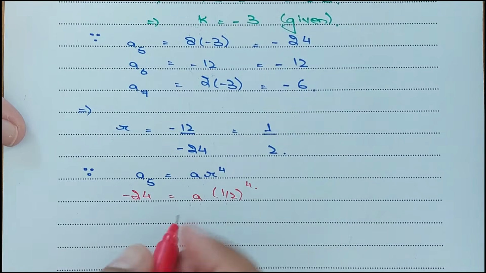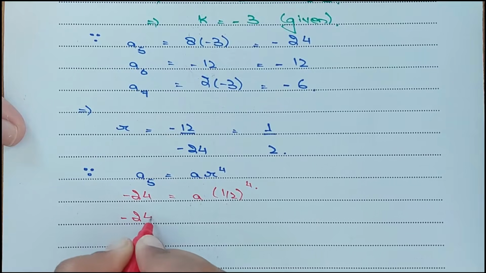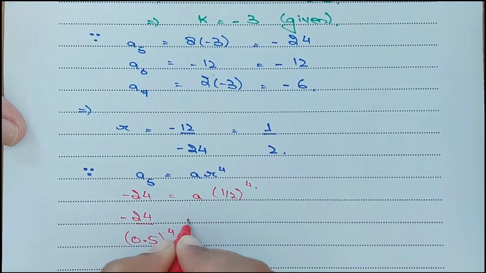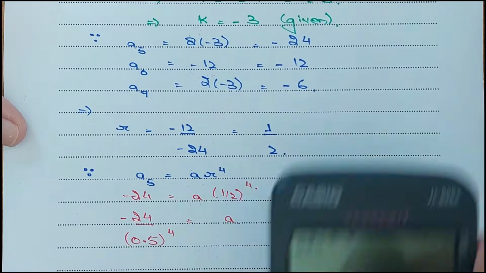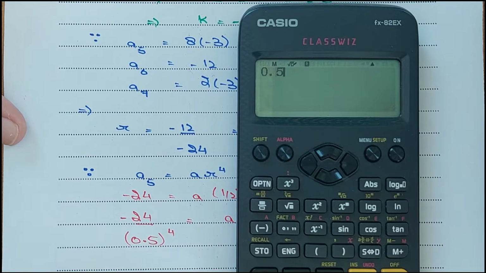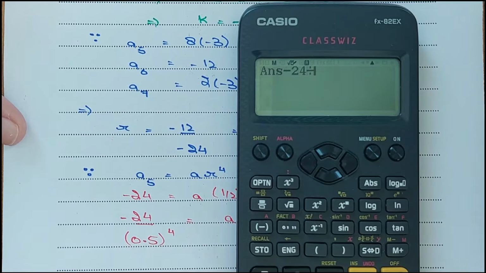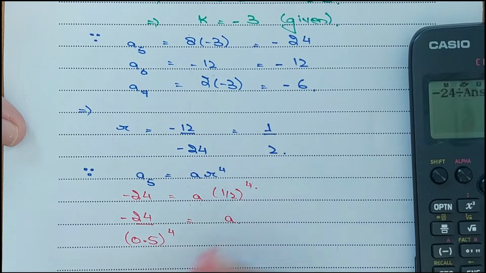Now let me solve for a: minus 24 divided by 0.5 power 4, or 1 by 2 power 4. 0.5 to the power 4, and minus 24 divided by the answer. Minus 384 is the a value. 384 with a negative sign is the a value.